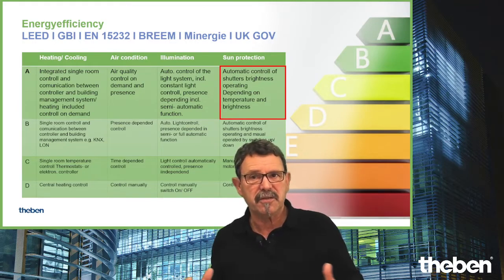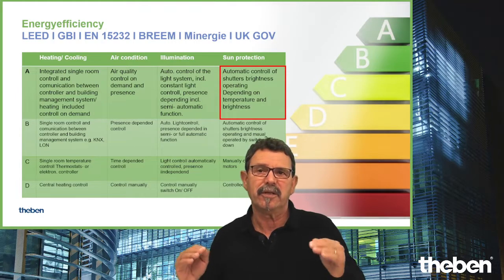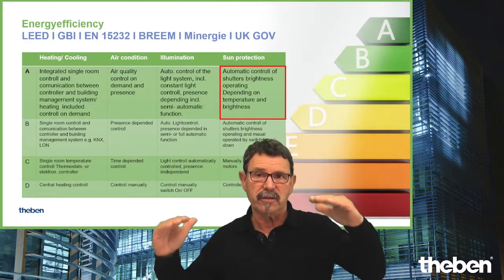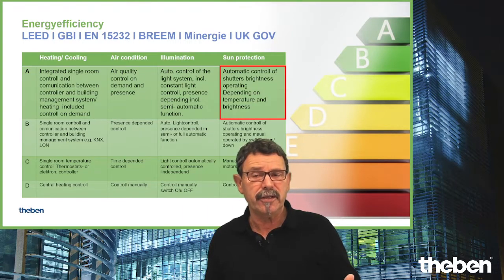That means it depends on how the temperature is inside of a room. So the slats' positioning, or the position in total, so the height of the blinds, can be different, supporting you in heating support or in cooling support.